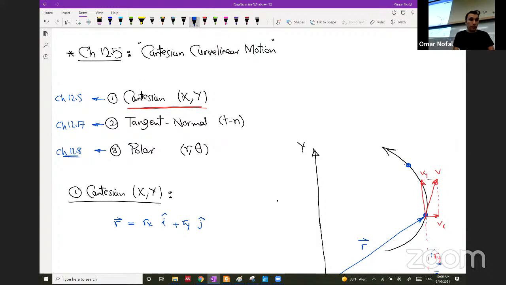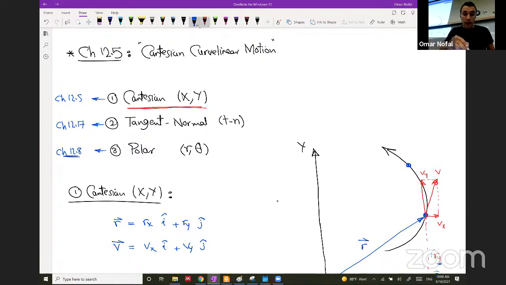So the V vector can be written as Vx, the magnitude in the X direction, in the direction of I hat, plus Vy in the direction of J hat.